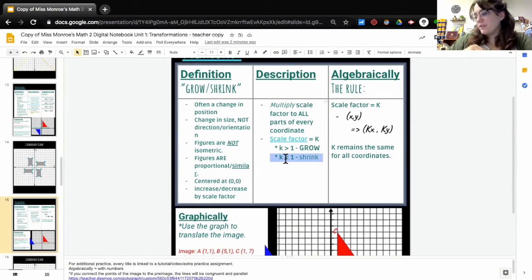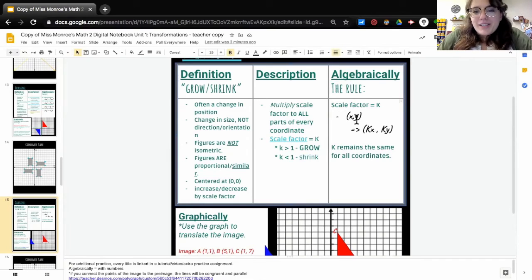Remember, if you're taking half of something, you're multiplying it by half. So again, that k less than 1 is telling us it's going to shrink. Now we're on to the rule. What exactly do you need to do?